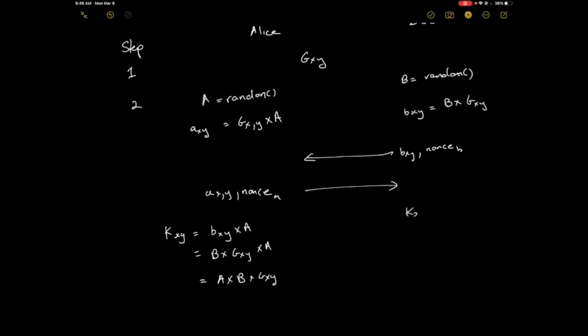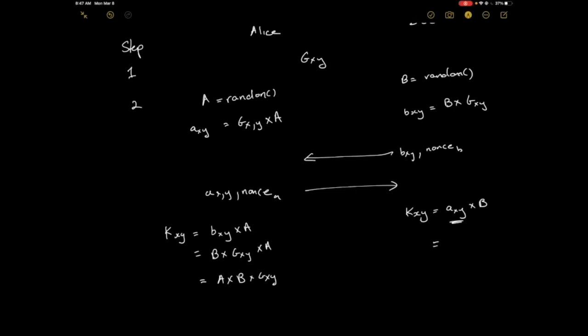And Bob is going to do the same. So he has his key. He wants to calculate KXY. He's going to take Alice's public point, AXY, and multiply it by his private scalar. That's going to move it around the curve.